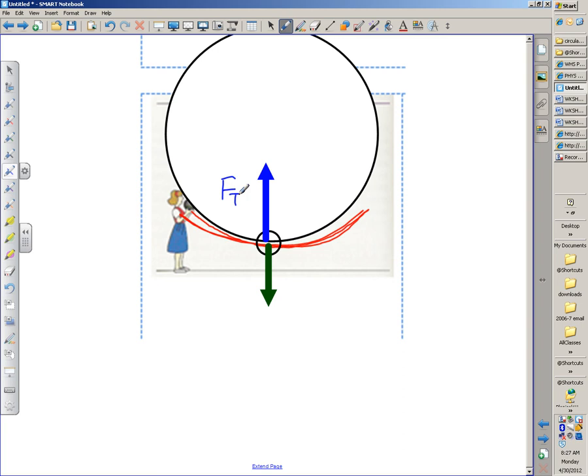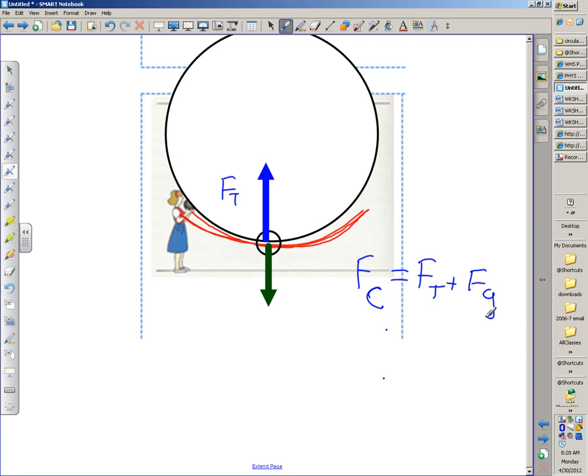So we said that in this case, this object still has to have a centripetal force. But that centripetal force is now a combination of 2 things. In this case, which way is F of g pointing in relation to the circle?